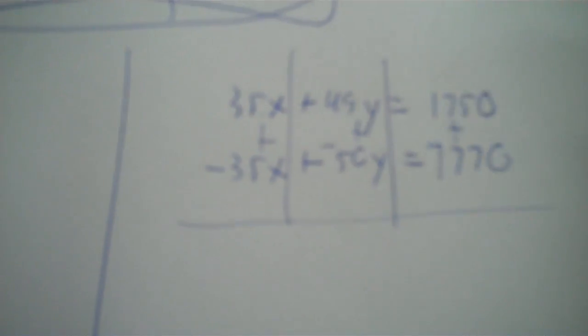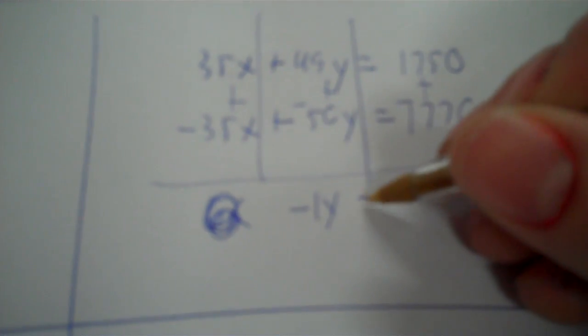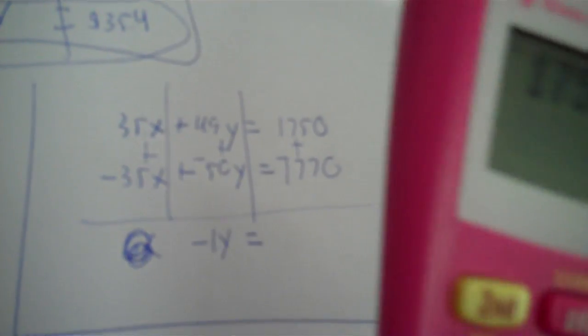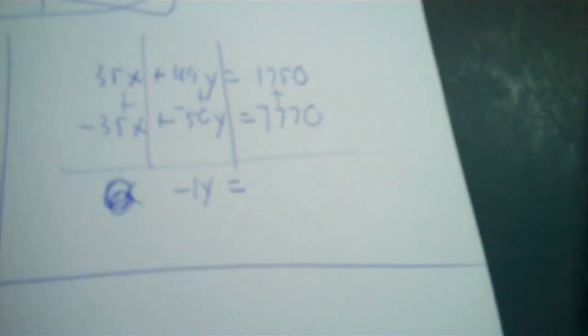Okay, now that does not add to 0. 35 plus 35 isn't 0. We need to do the switch. Negative, negative, negative. So that's 0x. 49 plus negative 50 is negative 1y. Remember, you got to add with the negative. And 1,750 plus negative 1,770 is negative 20.